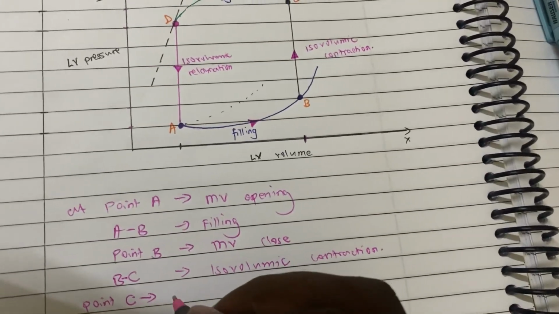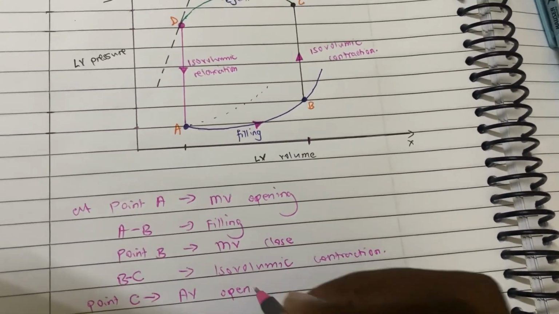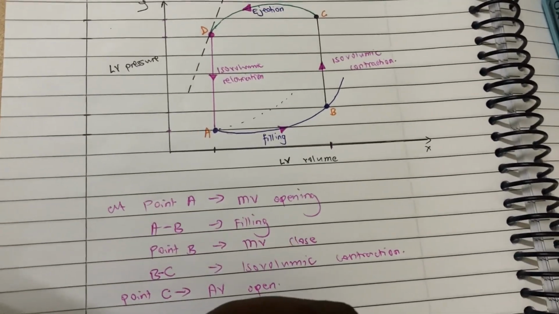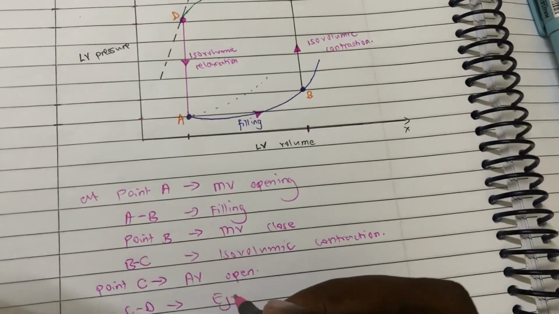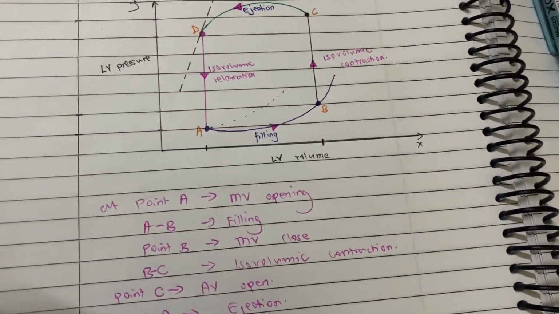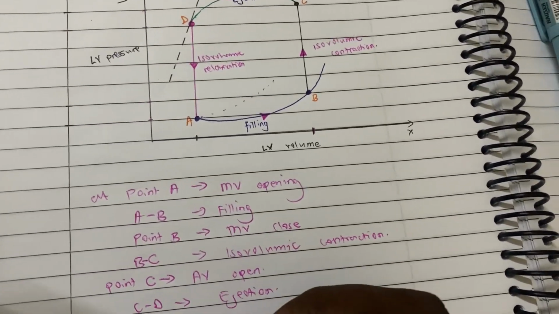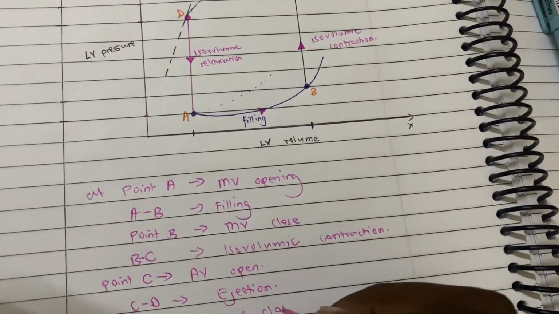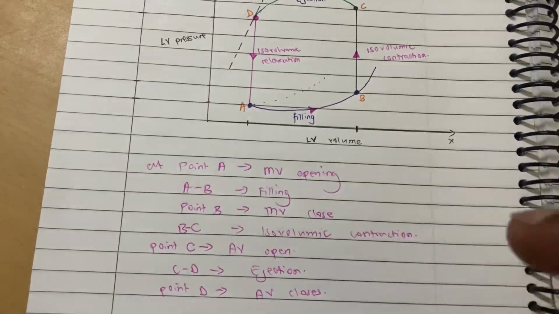Point C, aortic valve opens. After opening, what happens? CD is the ejection, and point D is where the aortic valve closes. These are the labelings of the phases.